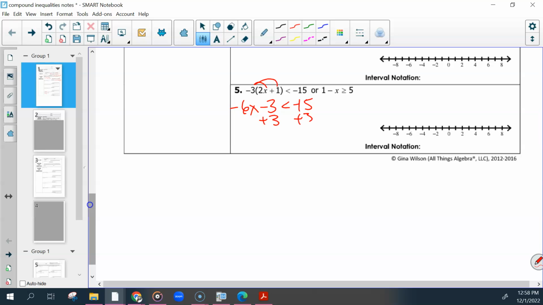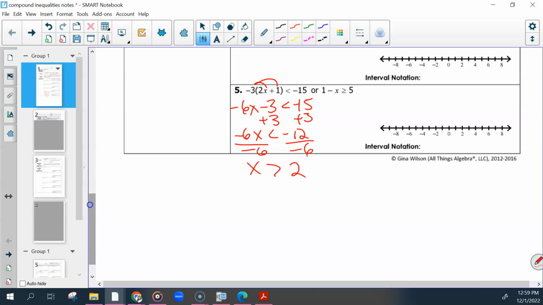Add 3 to both sides to get negative 12. And then divide both sides by negative 6. Remember that if you're dividing by a negative to both sides, your sign changes direction. So that would be one of them.